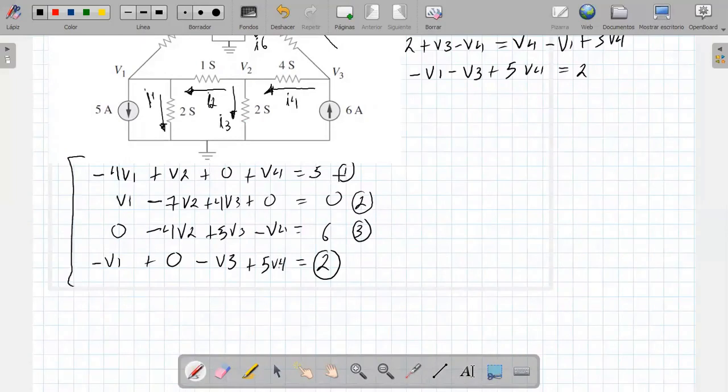It would be good to have 4 equations with 4 unknowns. I'm not going to solve it by hand. I have minus 4, 1, 0 and 1.